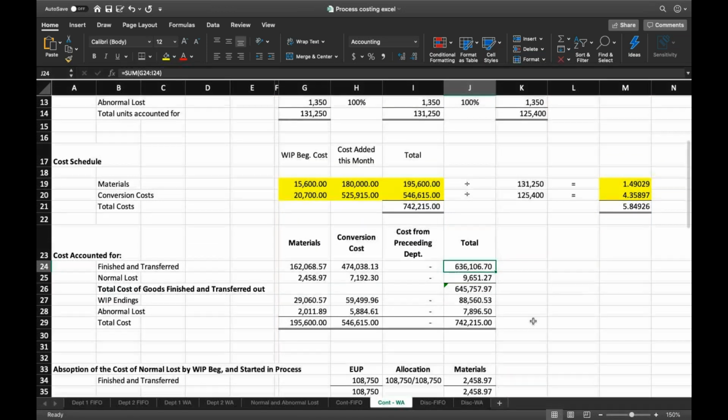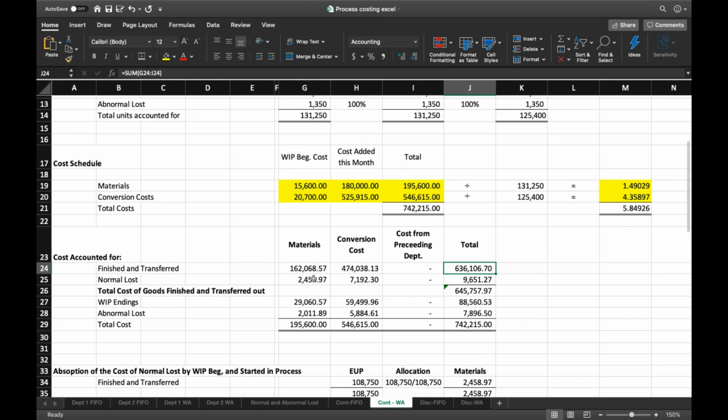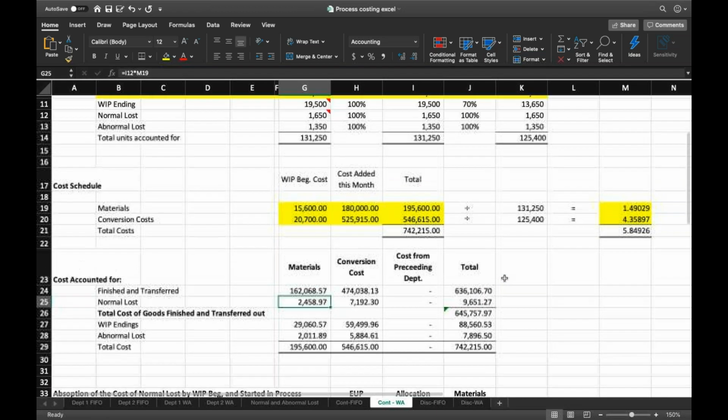Okay, for the normal loss, cost of materials for the normal loss, that is 1,650 times 1.49029 equals 2,458.97.